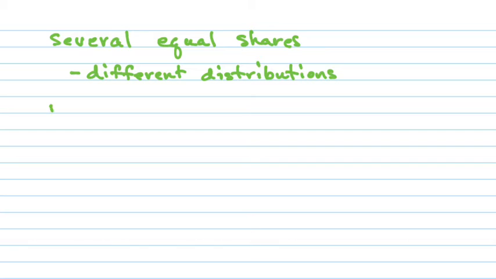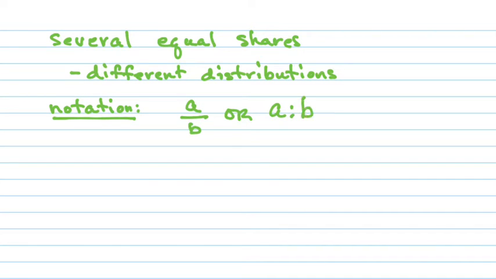All right. So we've got a couple of different things we want to talk about. First of all, we want to look at the notation. There are several different ways to write a ratio. The classic way is to write it as a fraction. But you will also see a semicolon. This book likes semicolons quite a lot. Or you can see the word to.